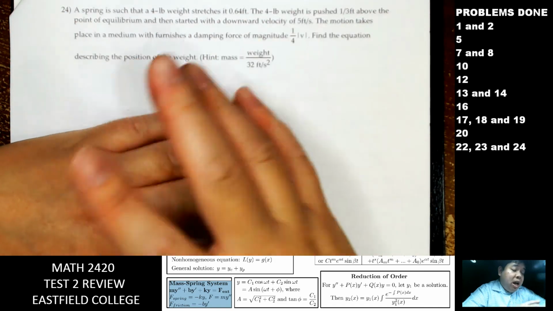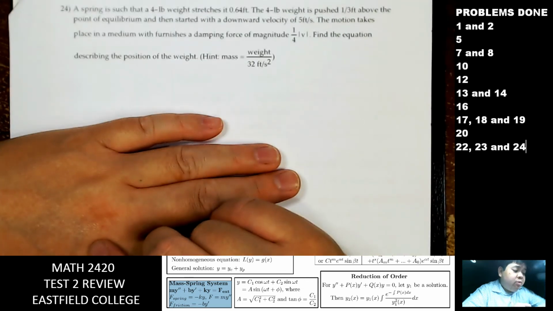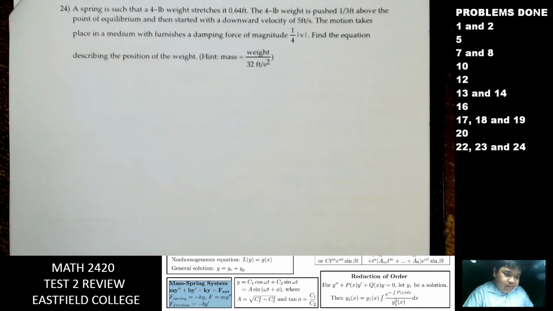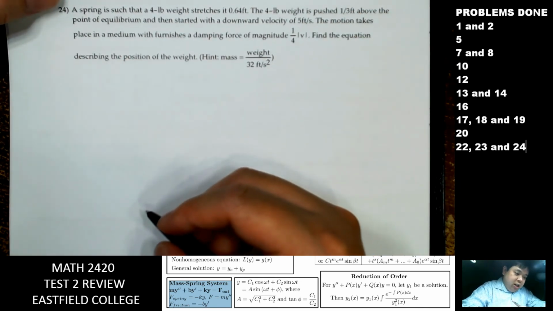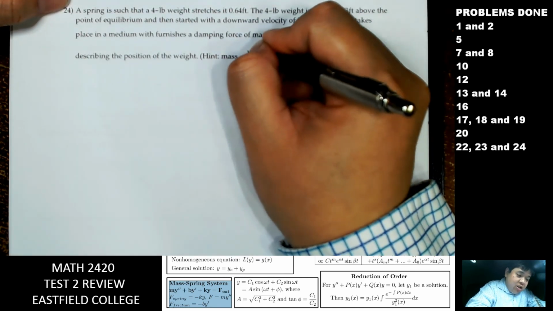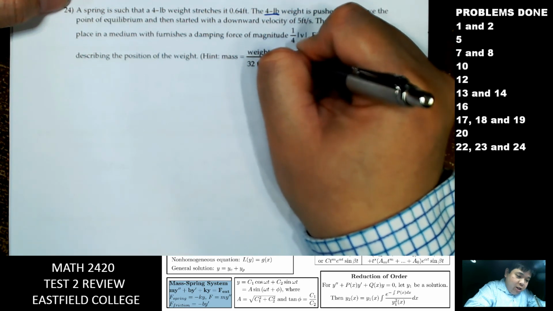So this one we have a damping force, and we have no external forces, just friction, as we found out earlier. Similarly, the first thing we do is find the mass from the weight. It is 4 pounds over 32.